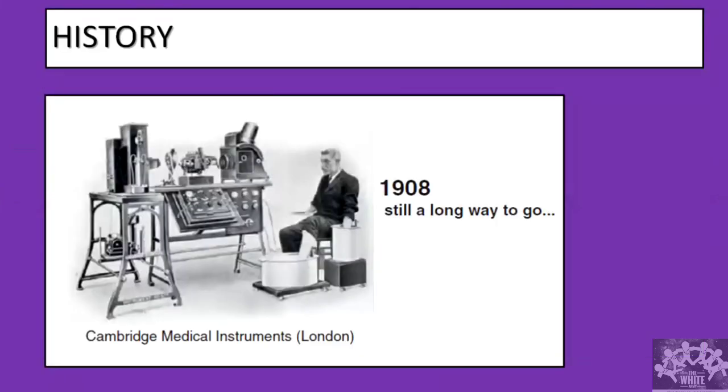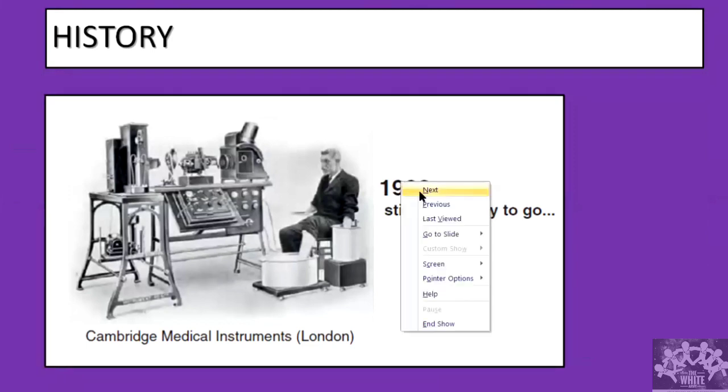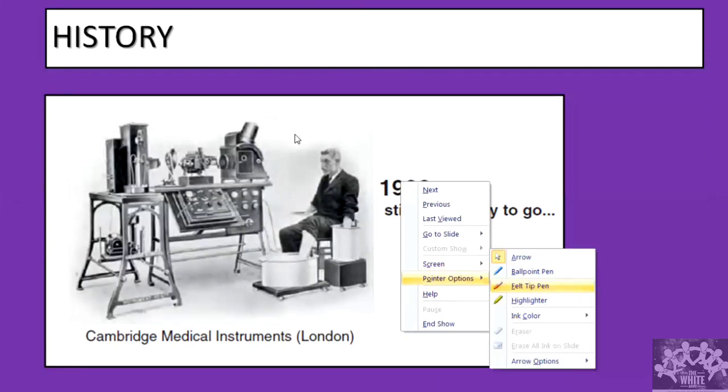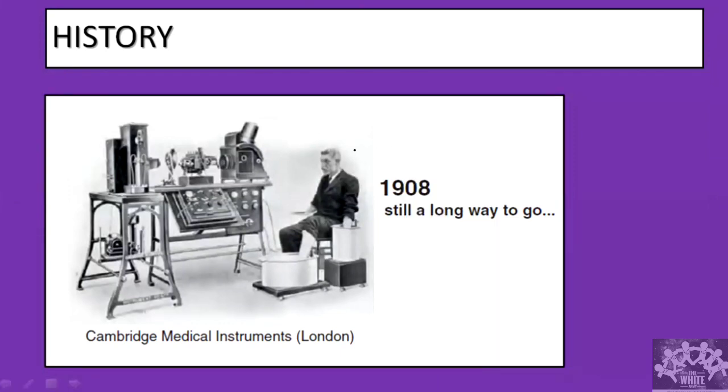Okay, we will begin. So this is the early ECG that was done. So we all know that ECG was first discovered by Einthoven. So these are the first ECGs that were done. You see the ECG apparatus, it is really huge, and there are two leads.